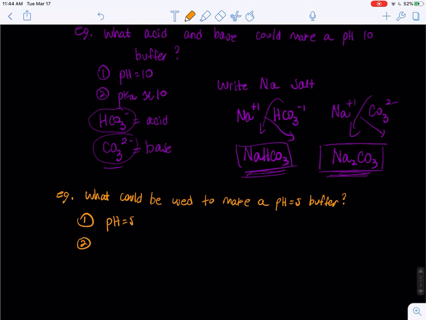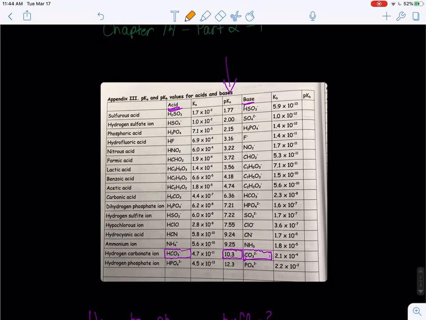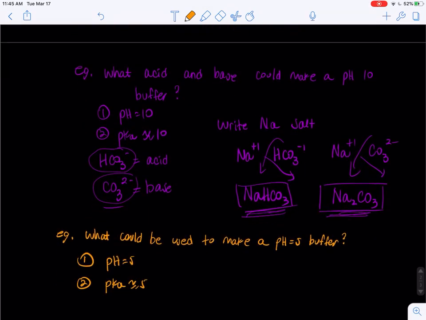Next step, pKa. We want this to be about 5. So we come back up to the table and we look at this column and we see this one's pretty close, okay, 4.74. So we want to mix this chemical, which is called acetic acid, and some chemical that has that ion, which is acetate, okay?